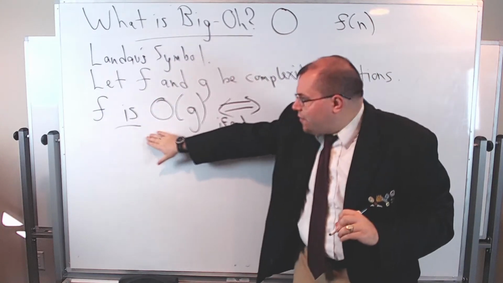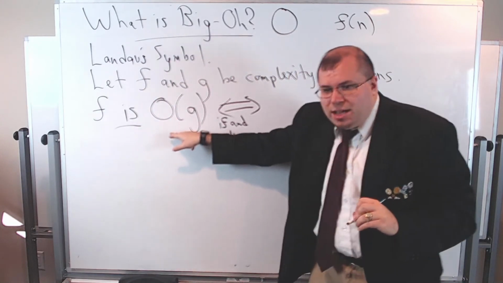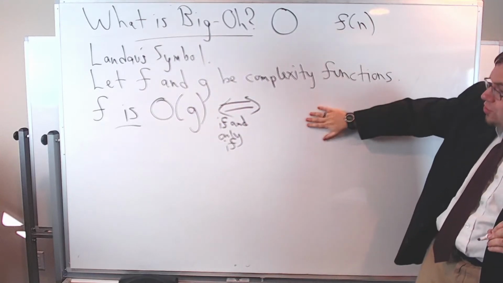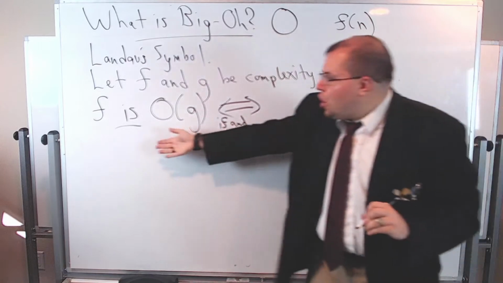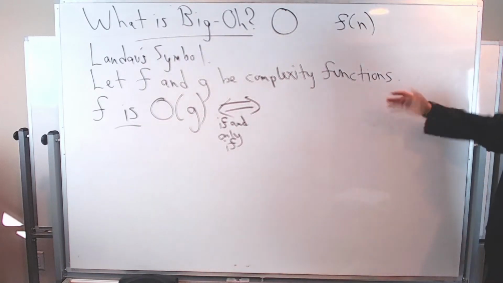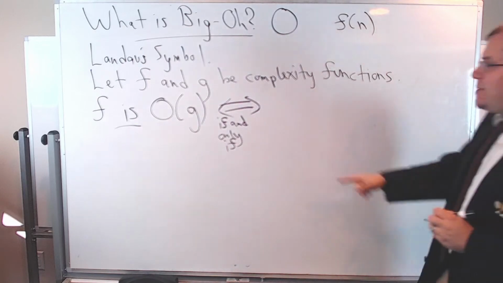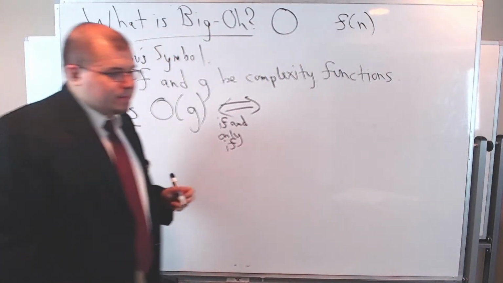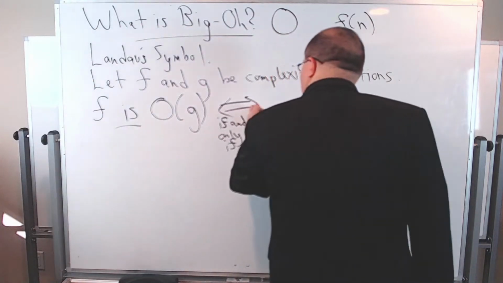So if f is big O of g, then this definition has to be true. Likewise, if this is not true on this side, it is not big O of g. So that's just a little bit of logic I want to point out. If you see me use this, I'm just writing two equivalent statements, at least when it comes to logic.